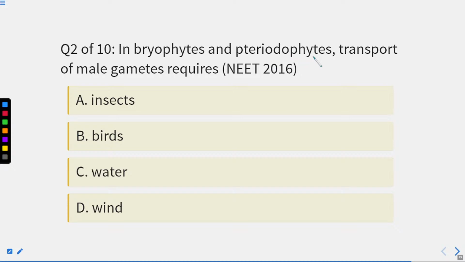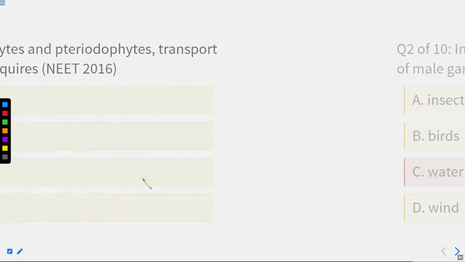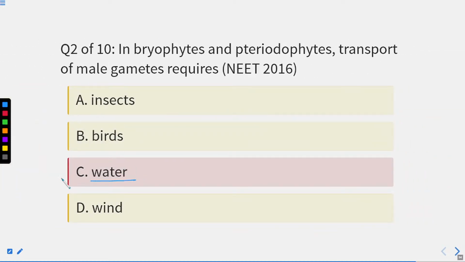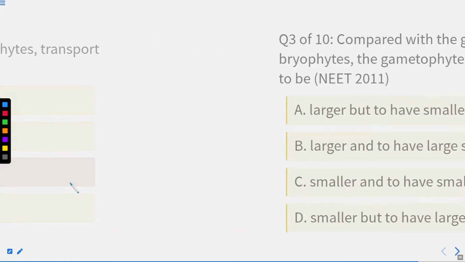In bryophytes and pteridophytes, transport of male gametes requires what? Insects, bird, water and wind. So what is required? Water. The correct answer is water, because antherozoids swim in water and reach the archegonium, and the fertilization process takes place.